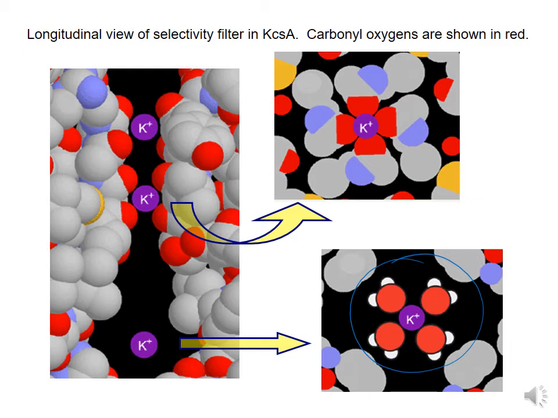When the potassium ions enter the selectivity filter, they are able to replace their water molecules with interactions with the carbonyl oxygens. These potassium ions fit perfectly well inside the selectivity filter, so the energetic cost of potassium moving from the cavity to the other side is relatively small.